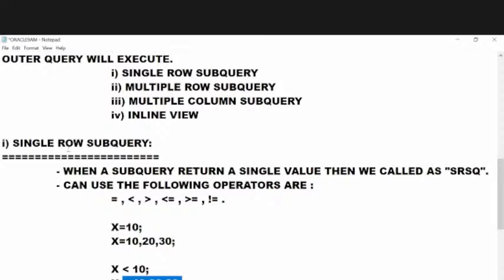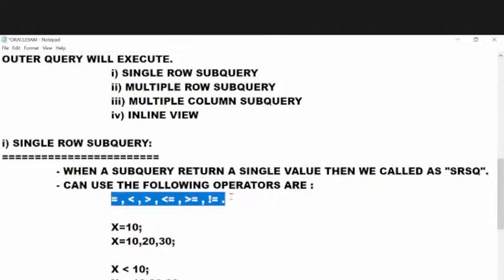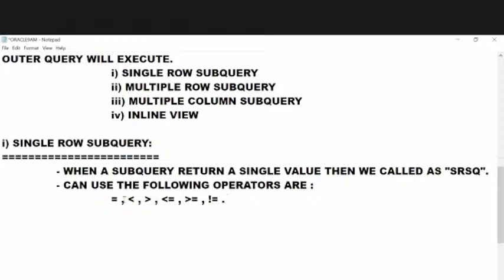So my single row subquery returns how many values? A single value, so all these operators are supported. These operators are specially used for comparing one value. That is the reason the operators for a single row subquery are these.